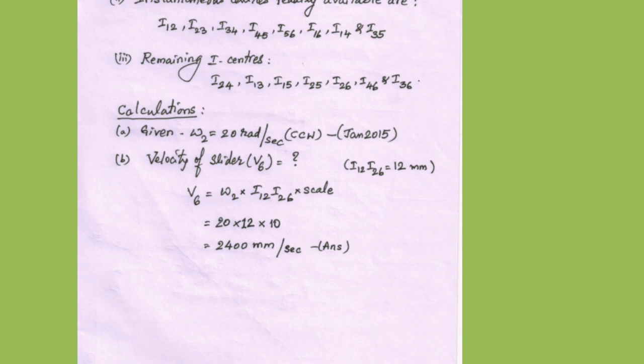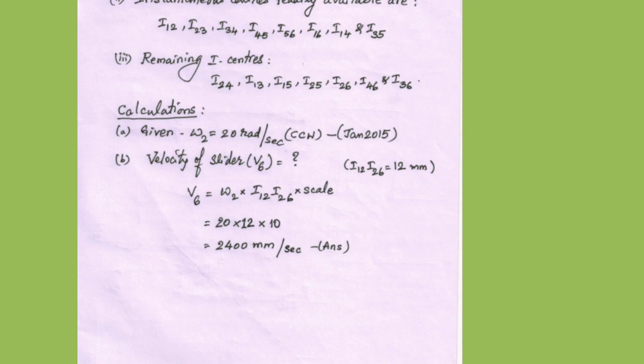Because you need V6 and we are taking the help of link 2. Can you see this omega 2? Because we are taking the help of link 2, I12 should be in the middle. Then I26, 2 will get cancelled in the middle, and you are talking of link 6 with respect to link 1. So this is the way to write the formula.